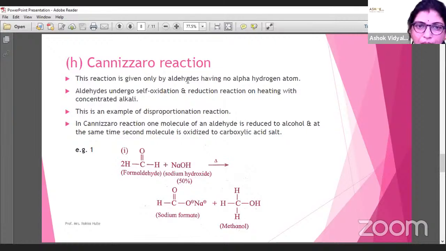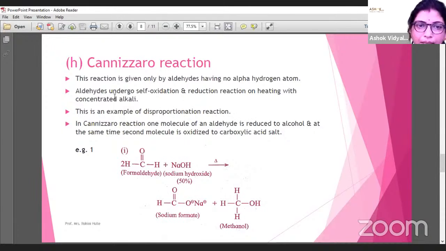Students, you must remember that in Cannizzaro's reaction there is no alpha hydrogen atom, but in the previous slide we have seen that in aldol condensation there must be an alpha hydrogen atom.